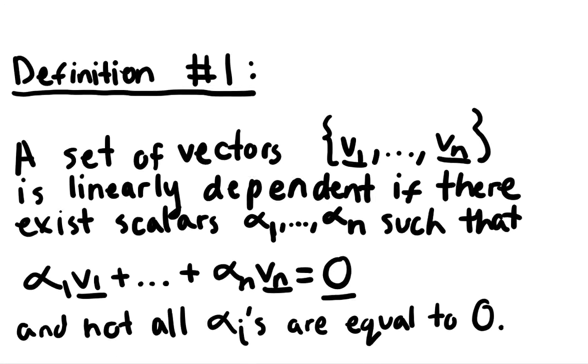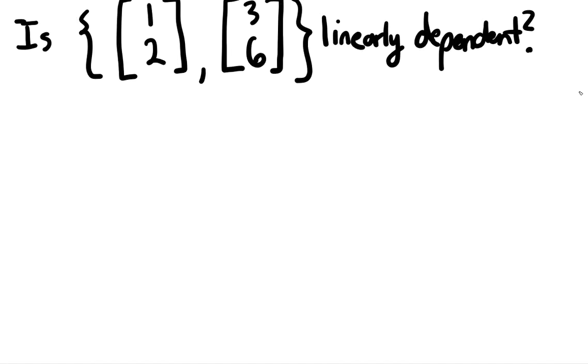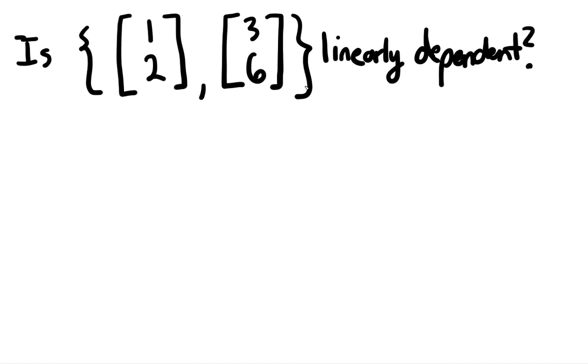So let's see an example. We want to know if this set of vectors 1, 2, and 3, 6 is linearly dependent. We can use the definition that we just saw and assign some scalar values to each of the vectors.